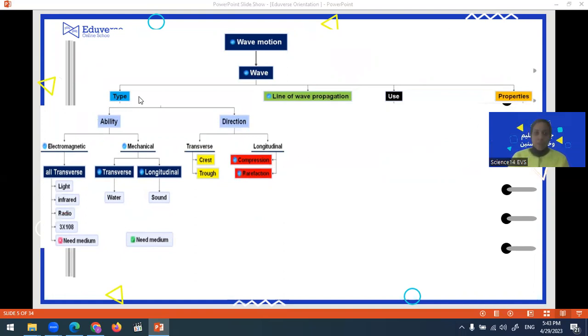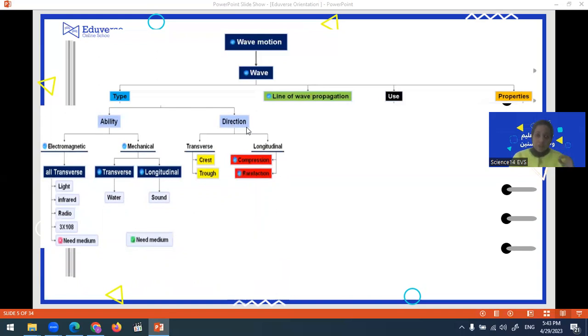First, types. We will divide the types to explain it and to be more clear to understand them according to the ability of the wave to propagate and to transfer energy, and the direction. What about the direction?